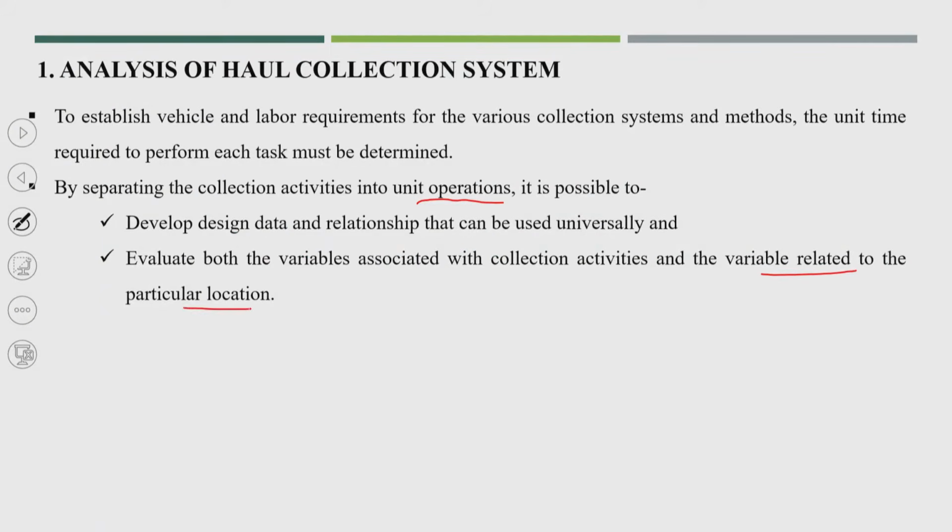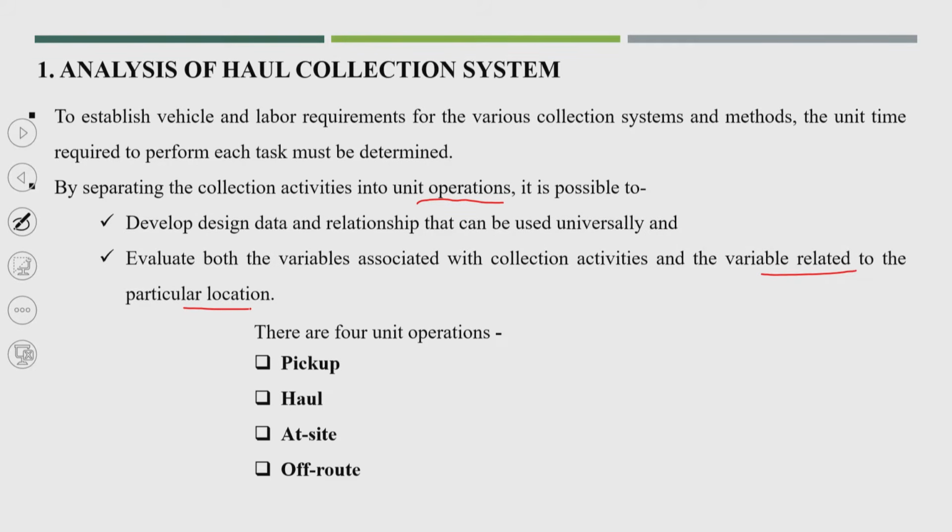So, what are the different unit operations? There are 4 unit operations. First is the pickup, the pickup time. Another is the haul time, or haul unit operation, then on-site and off-route. One by one we will discuss all 4 unit operations under the haul collection system.